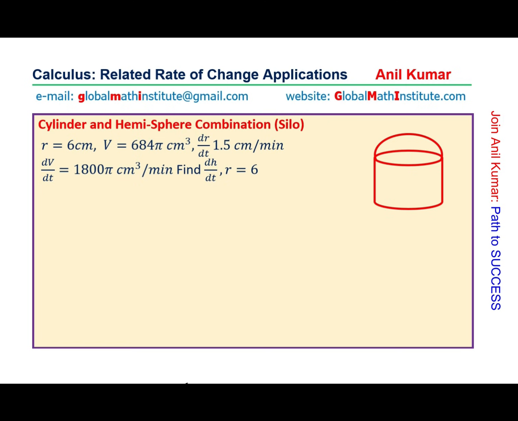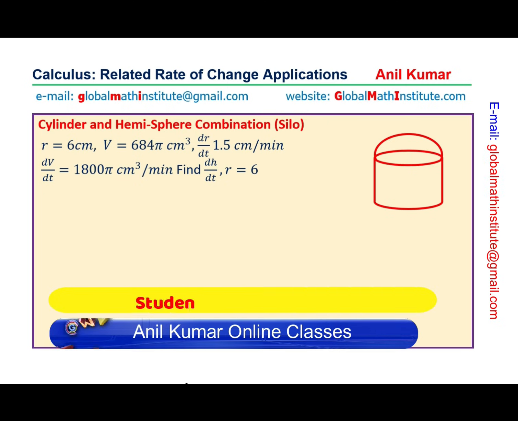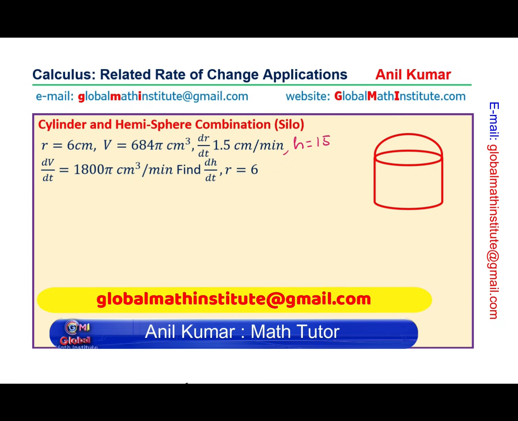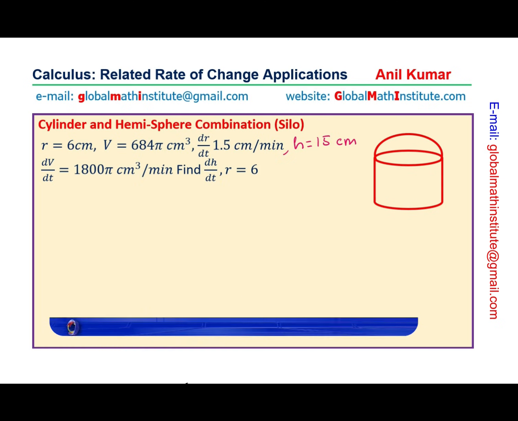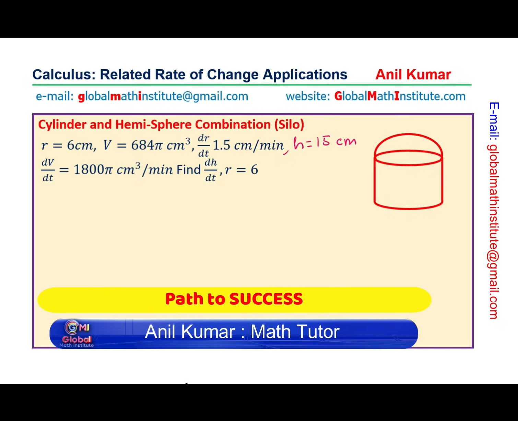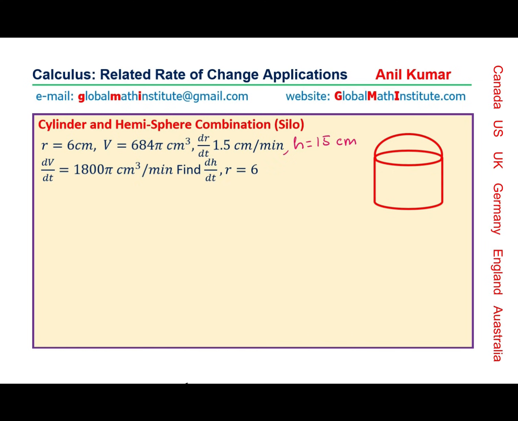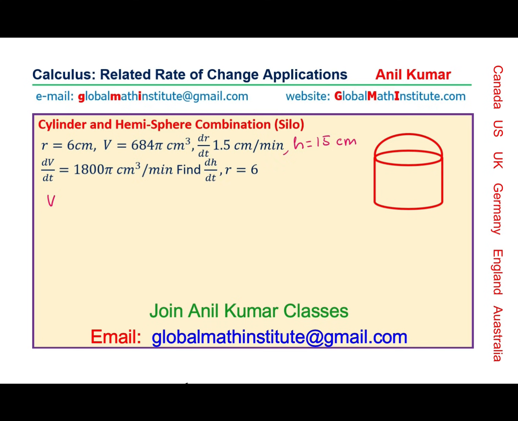Radius is 6 centimeters, volume 684 pi centimeter cube, dr/dt 1.5 centimeters per minute, and we also find height as 15 centimeters. dV/dt is 1800 pi centimeter cube per minute, and we need to find dh/dt when r is equal to 6.